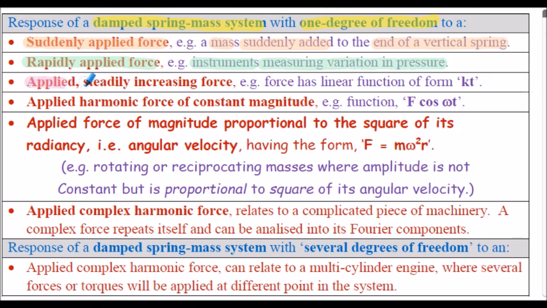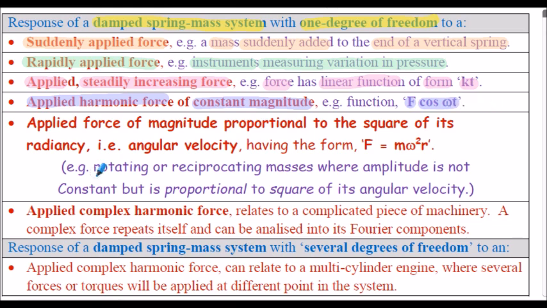Applied steadily increasing forces. Such forces have a linear function of the form k multiplied by t, where k would be some constant and t is instantaneous time. Applied harmonic forces having constant magnitude. A typical function would be F multiplied by cos omega t.